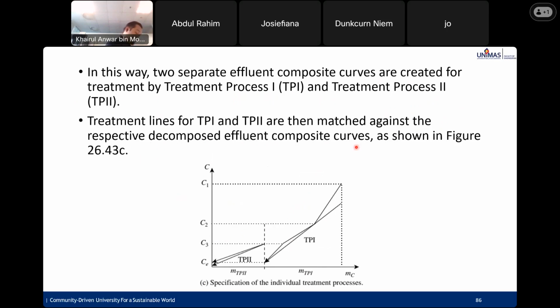In this way, two separate effluent composite curves are created for treatment by treatment process 1 and treatment process 2. Treatment lines for TP1 and TP2 are then matched against their respective decomposed effluent composite curves in figure 26.43.